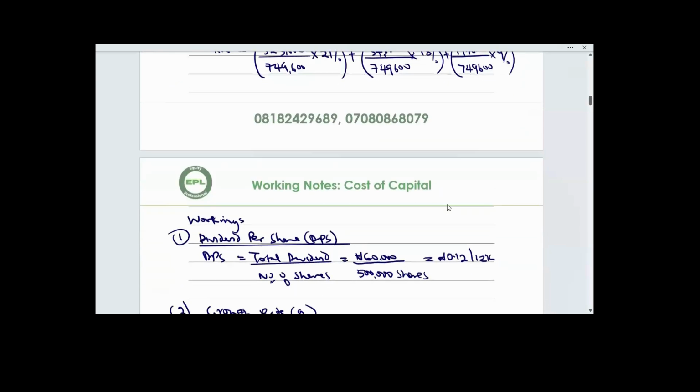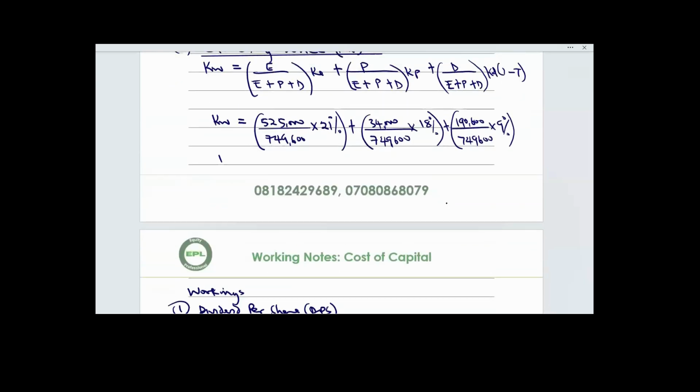Okay, so give me from the left. What do you have? 525 divided by 749,600 multiplied by 21.